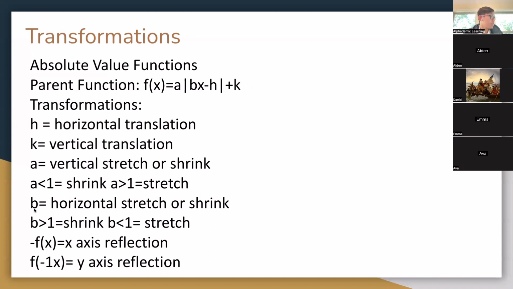For b, it is the horizontal stretch or shrink. If b is greater than 1, it will shrink the function, and if b is less than 1, it will stretch the function. If it is negative f of x, it will be a reflection across the x-axis. And if it is the function of negative x, it will be a y-axis reflection. So these are just some very small discrepancies here.